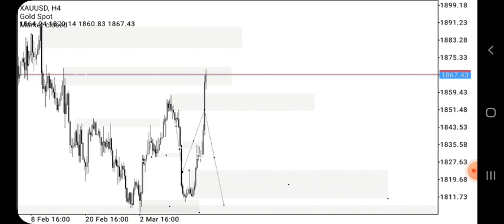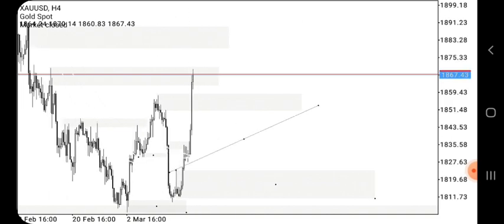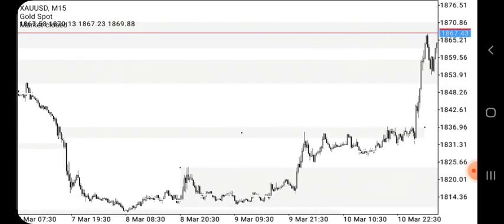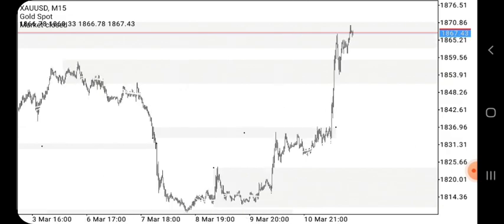But the market made a huge movement into our demand on a daily time frame. So we came into a daily time frame demand zone. I want to show you guys how I took those trades on this time frame, right?